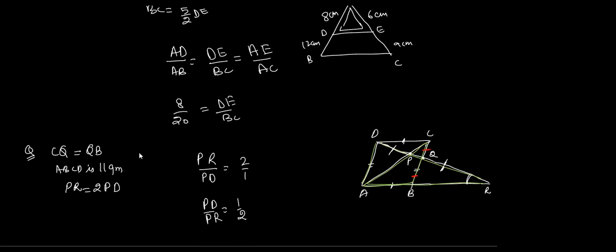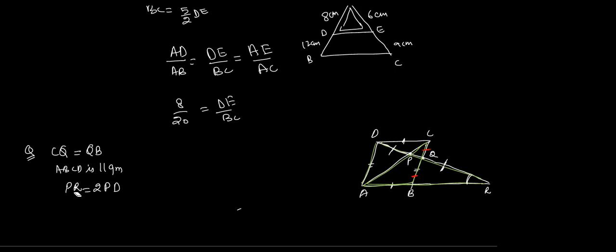Beta, in the next question, it is being given to you that CQ is equals to QB. In this, CQ is equals to QB, means these red lines are equal in parallelogram ABCD.